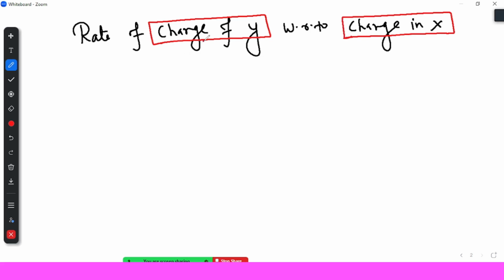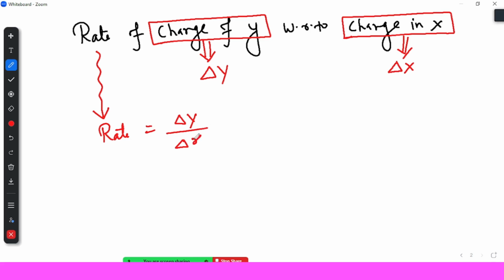Change in y is delta y, and change in x is delta x. Now I have to take the ratio of these quantities, so the rate will be delta y upon delta x. Have you understood this?